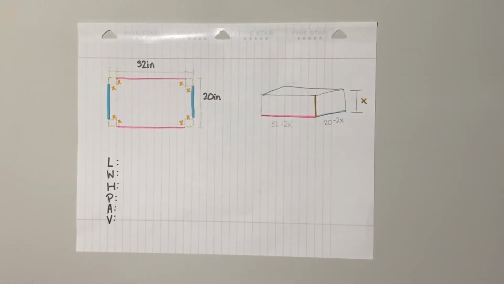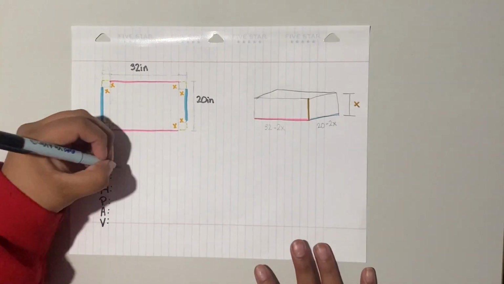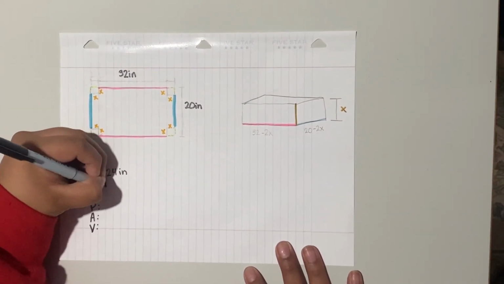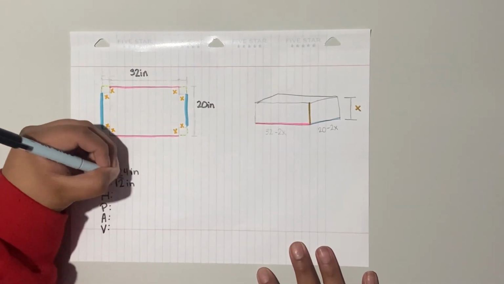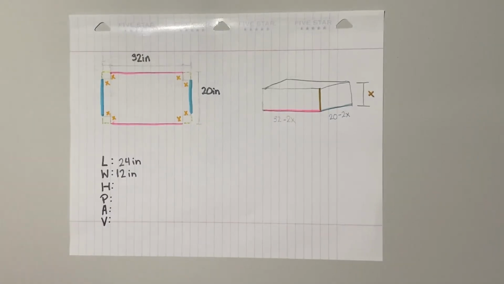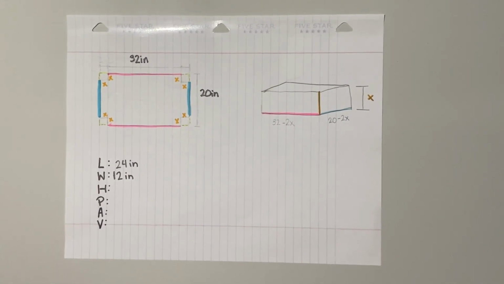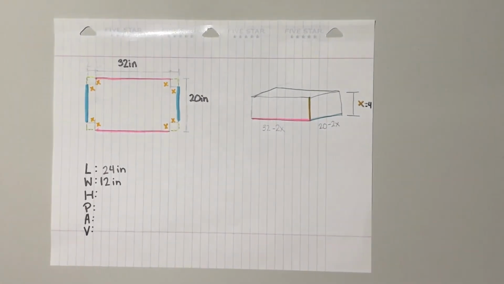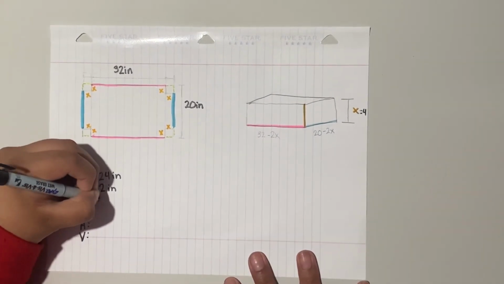Now, since we found our new length and width, which is 24 inches and 12 inches, we can move on. And since now we know what x is, so x equals 4, that means the height of our box is 4 inches.